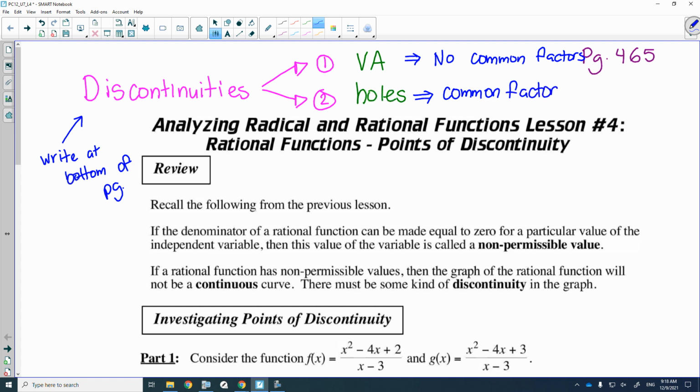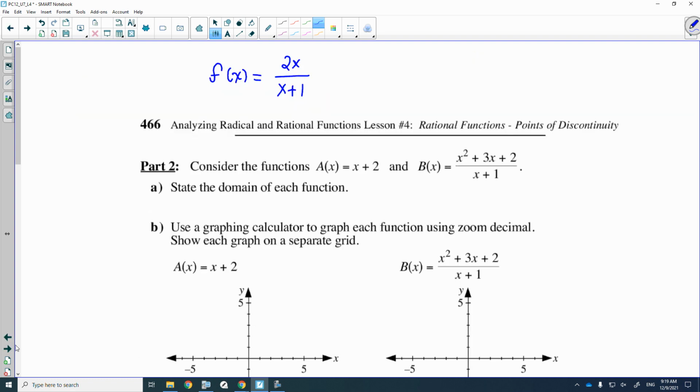And if you have a highlighter, take it out because I'm going to highlight the common factors. I'm going to highlight the holes is what I do. So there's two types of discontinuities, right? VAs and holes. VAs, no common factors. Holes, common factor.